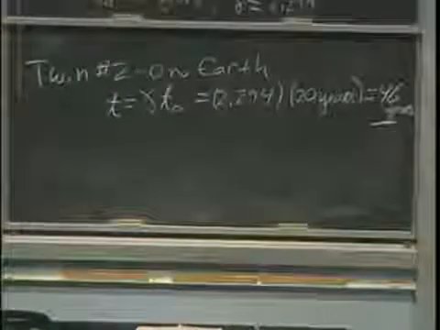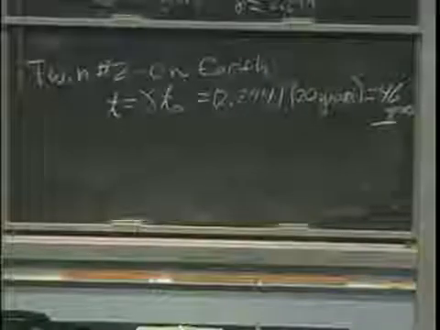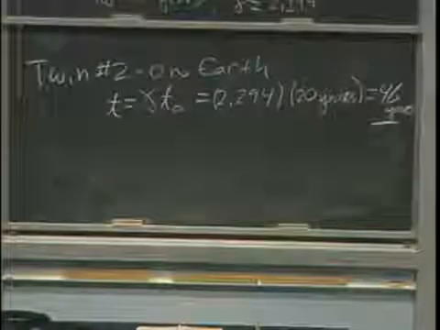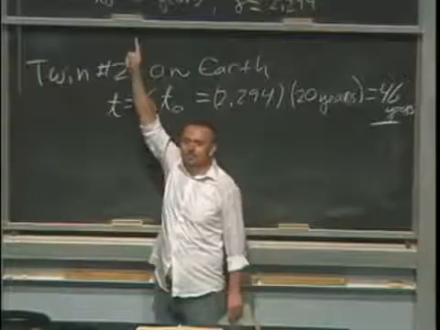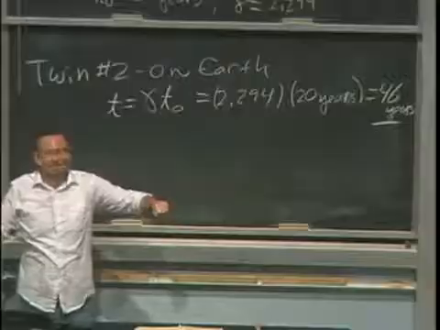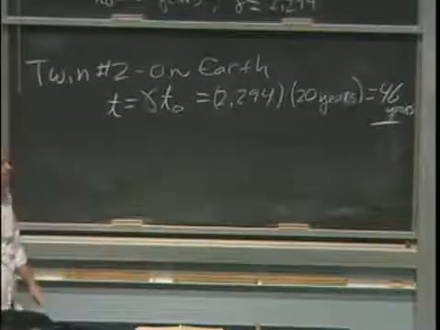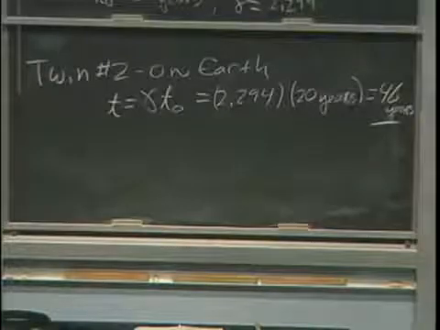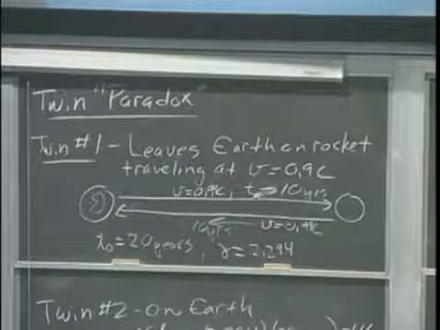Now, the paradox, or the proposed paradox, is that why is there a difference when the twin number 1 on the rocket ship would see twin number 2 moving backwards with the same speed, right? 99% the speed of light when twin number 1 is traveling out. Why don't they both see this time dilation?